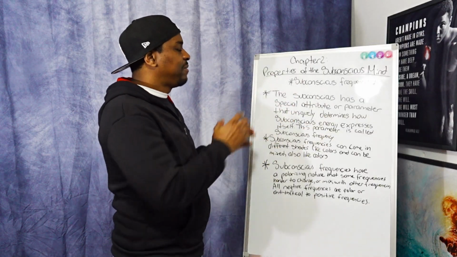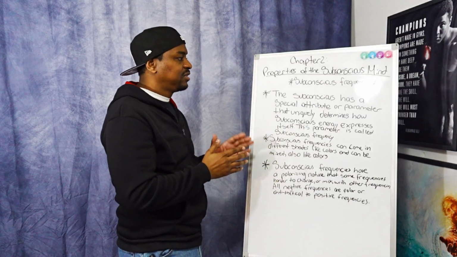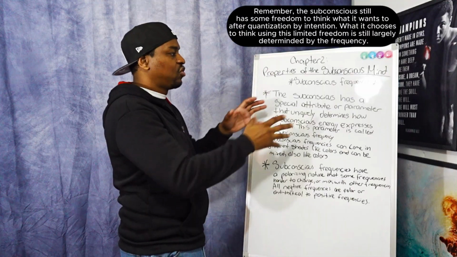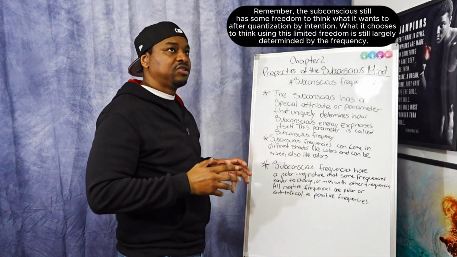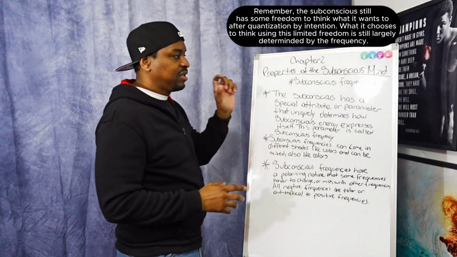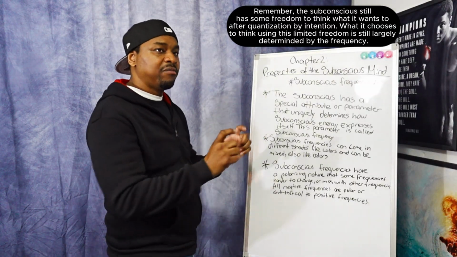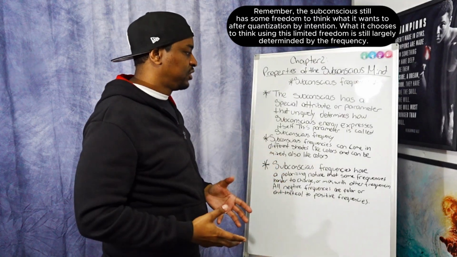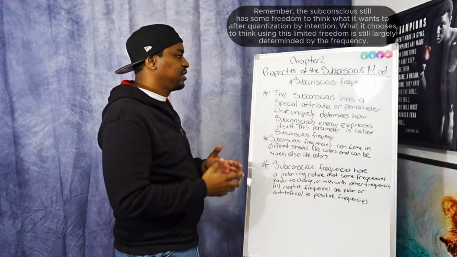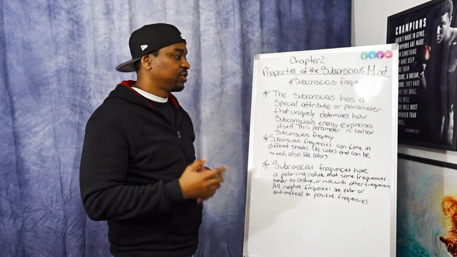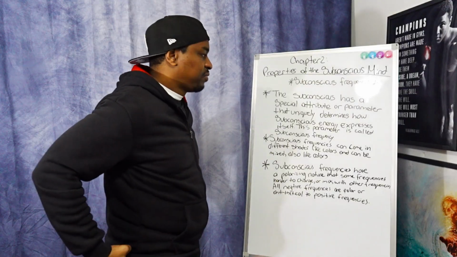Now, that might seem like they're both the same thing, because the intention determines the frequency, but it's a little bit different than that. Because even when it's on a certain frequency, you're still not going to be able to say exactly what it does without looking at the intention. So both of them have unique properties that determine what your subconscious can do. So you have to constantly think in terms of the frequency and charging and the intention in order to control it. So yeah, that's pretty much it.